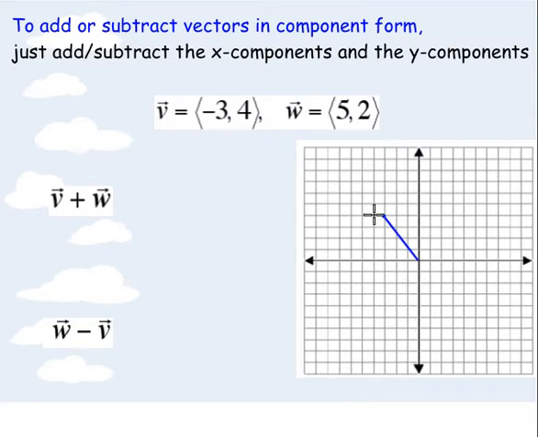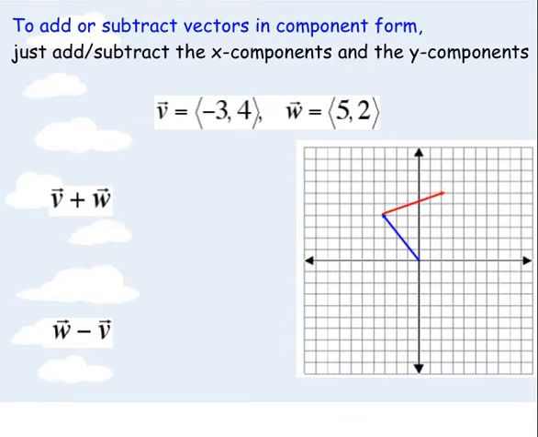Vector w needs to start where vector v ended. I'm not going to go back to the origin. I'm going to start where it ended. So it needs to start from here. And then according to vector w, from here I need to go 5 to the right and 2 up. Okay, starting here, we're going to go 1, 2, 3, 4, 5 to the right and up 2.